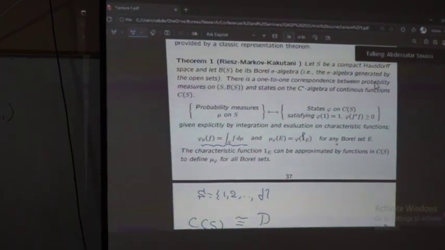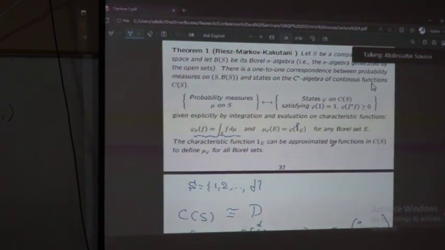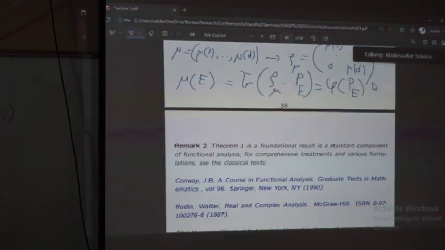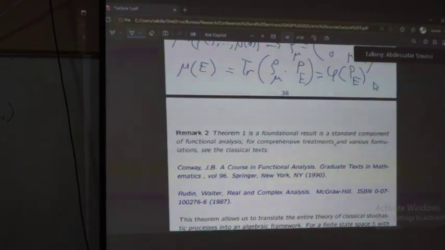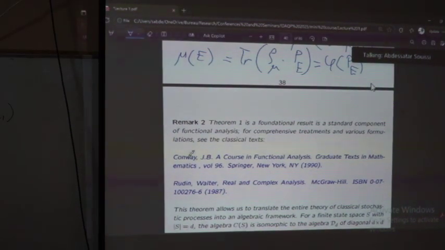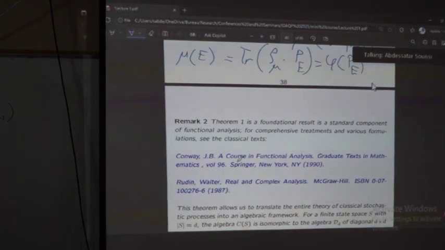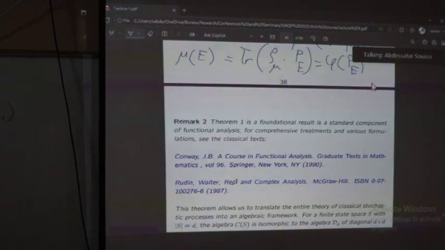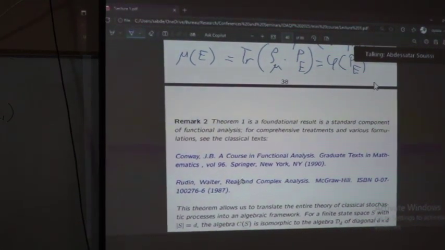Okay. Then we have this equation. For the theorem, there are several versions that people are interested in, for example the functional analytic approach by Conway and the measure theory approach by Uiday.